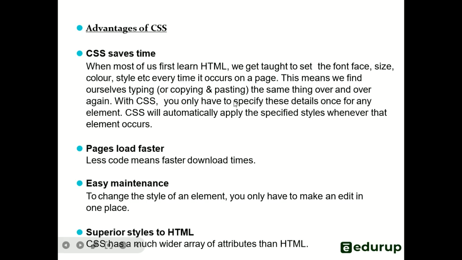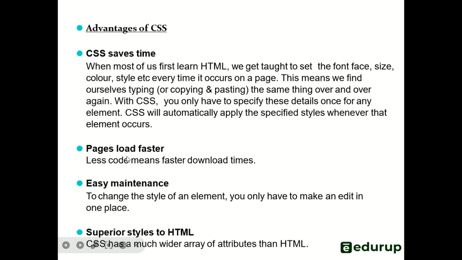With CSS, you only have to specify these details once for many elements. CSS will automatically apply the specified styles whenever that element occurs. If you are typing font, all the properties are going to be applied; there is no need to mention them explicitly. This is what saves the time.